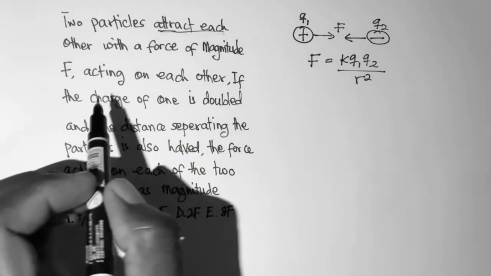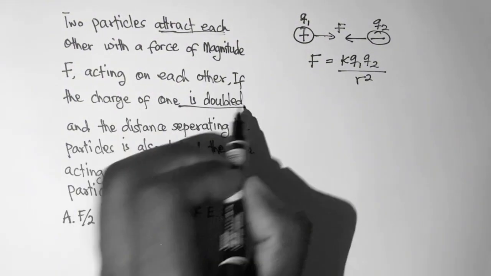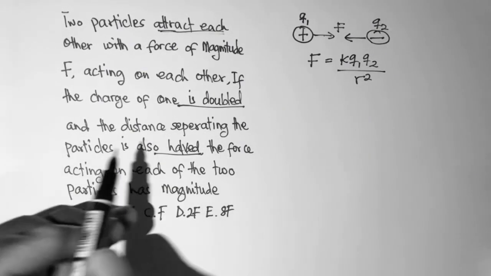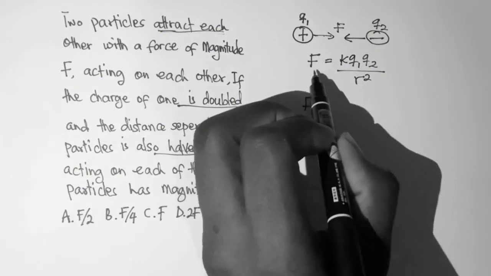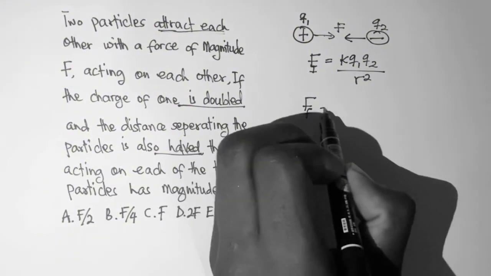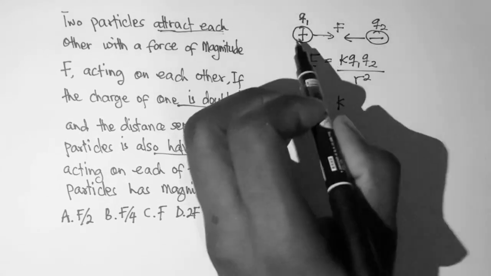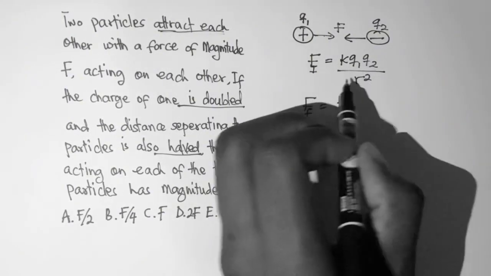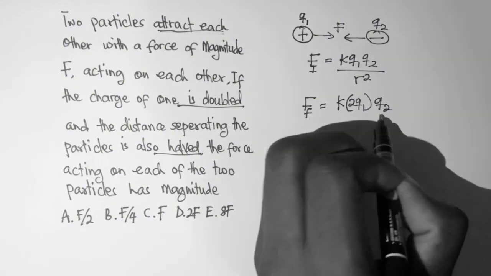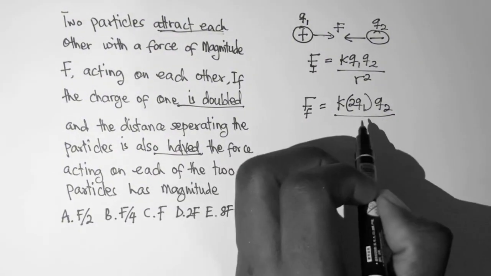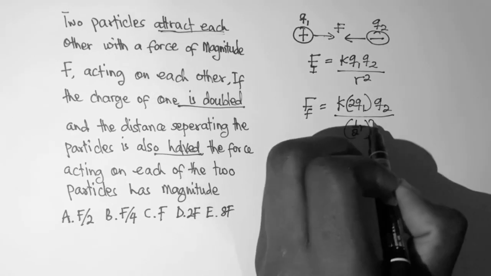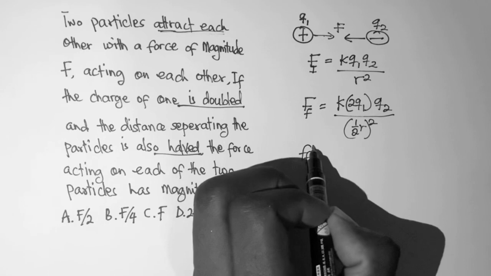But in the second part, it says that the charge of one is doubled and the distance separating the particles is also halved. So this is the initial force, let's say Fi. Now the final force, Ff, is the constant times one of these charges. Let's say that now Q1 becomes 2Q1 because it is doubled, times Q2, divided by the distance, which is also halved, so R becomes R over 2, squared.